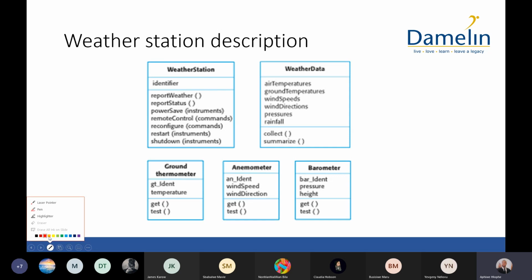So we have the name of the object, which is here as weather station. Then we have an attribute, which could be the ID of the particular, they only included one, which is the ID of that particular weather station. And then we have all the commands, okay? All the functions that are triggered by that particular object.